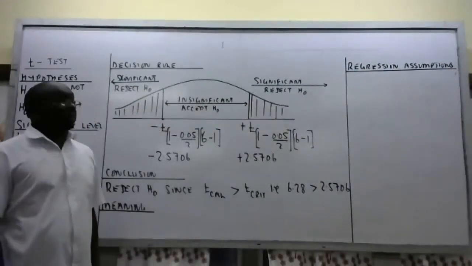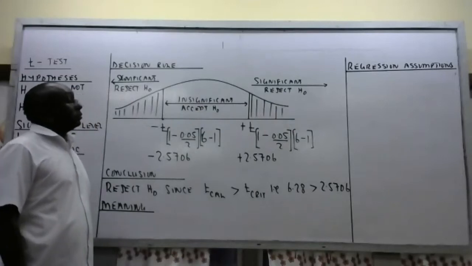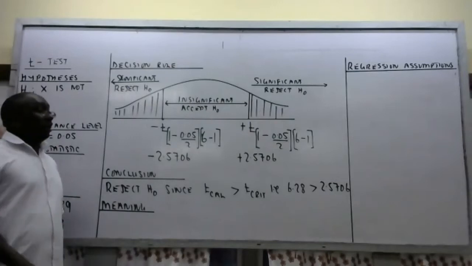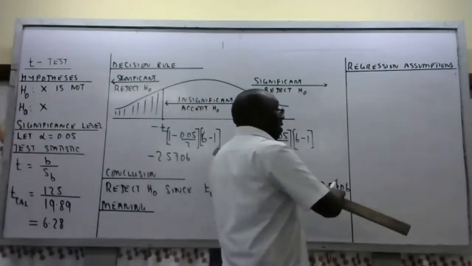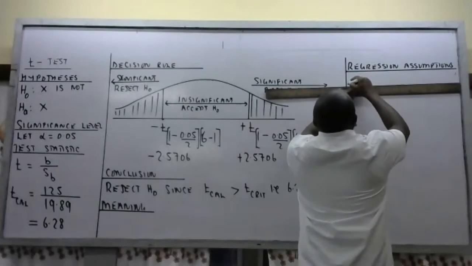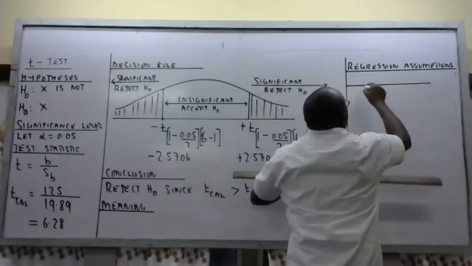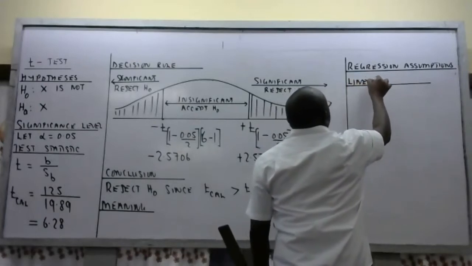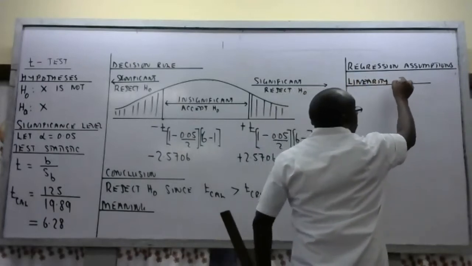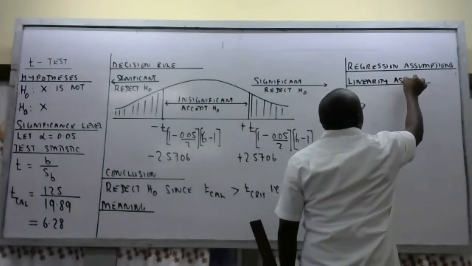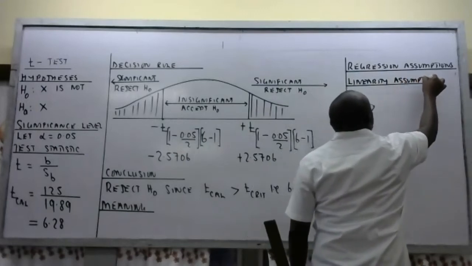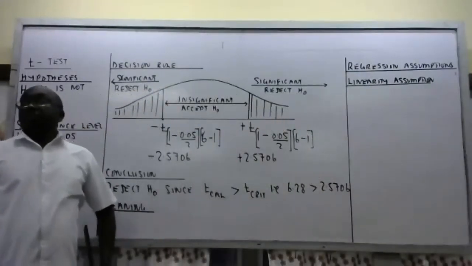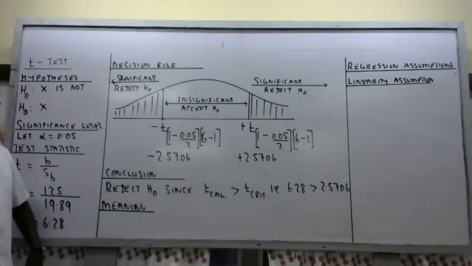So the first one is called the linearity assumption.